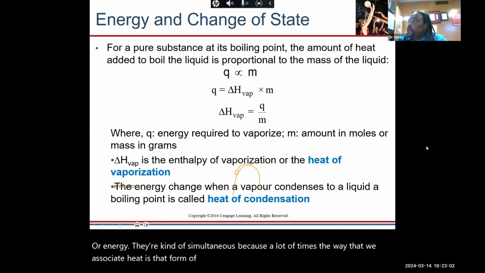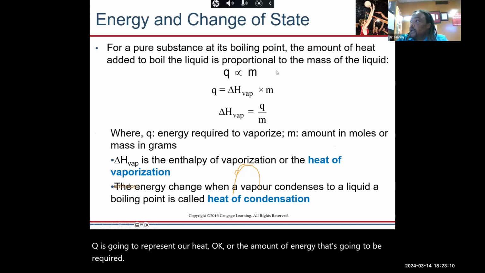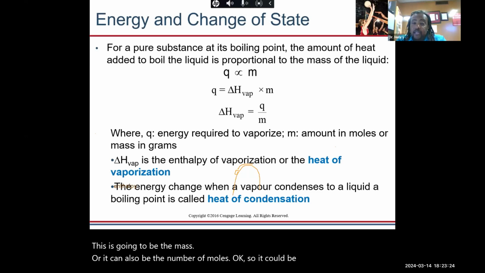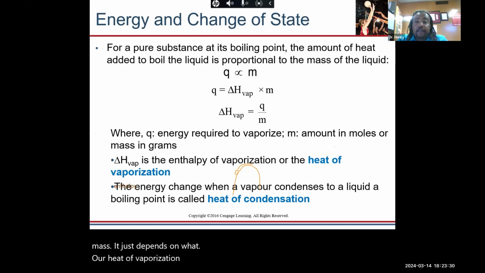And the way that we're going to be doing that, Q is going to represent our heat, or the amount of energy that's going to be required. M here is going to represent mass. And so this is going to be the mass, or it can also be the number of moles. So it could be quantity or it could be mass. It just depends on what our heat of vaporization is, what units it's in.